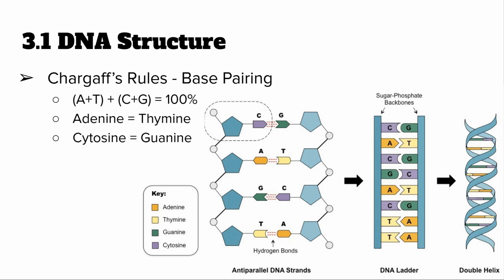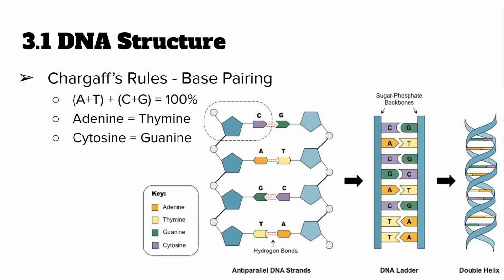And the amount of cytosine is going to be equal to the amount of guanine in that same segment. And if you put them all together, you would get 100%. These are what I call base pairing. It's what a lot of scientists now call them, or just base pairs. It is the rule that describes the structure of nucleic acids and how they bond together to form DNA.